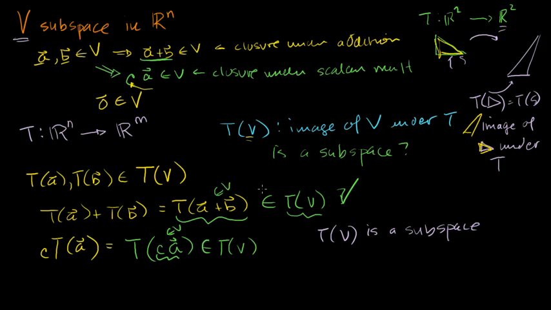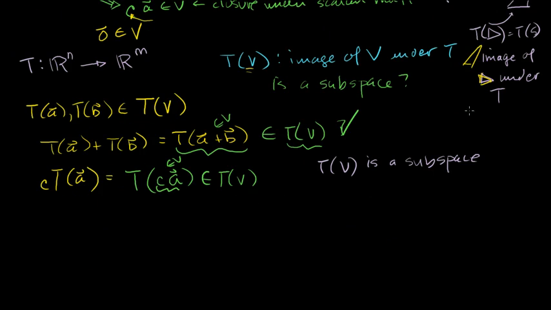But this might naturally lead to the question: everything we've been dealing with so far have been subsets in the case of this triangle, or subspaces in the case of V. But what if I take the image of Rn under T? Let's think about what this means.